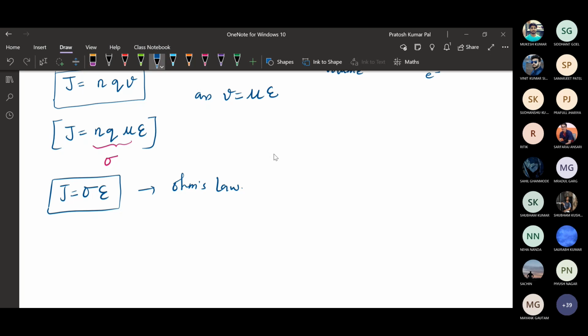And here sigma, this sigma is called conductivity. Okay. So this sigma is given by N Q mu. Okay. So this is your sigma. This is conductivity basically.